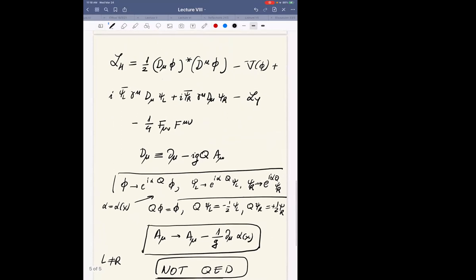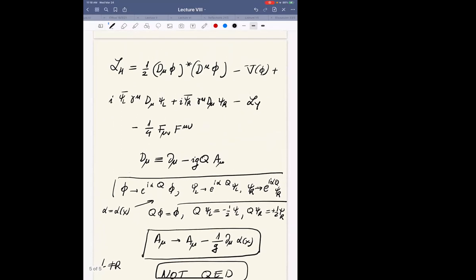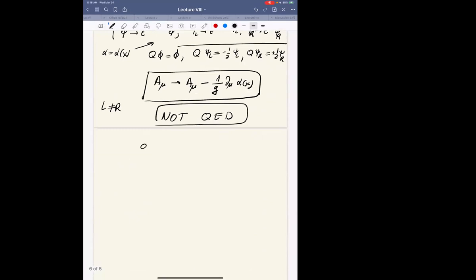Now notice what happens immediately. I'm going to write again. I can write it any which way, but let me write the way I wrote originally. If I write this, what happens? D mu phi is D mu h plus i D mu G minus i g, q is 1, A mu times v plus h plus i G. Am I right?